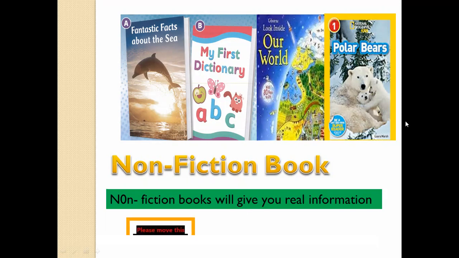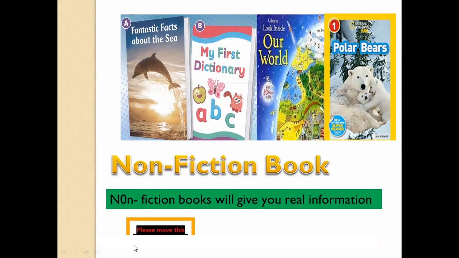Okay. Polar Bears. This is the title of the book. When we read the title of the book, we understand that this is a non-fiction book, and in the Polar Bears book, we are going to study about polar bears, their life, how they grow up, what they do in their life, what they eat, etc. So this is all information.